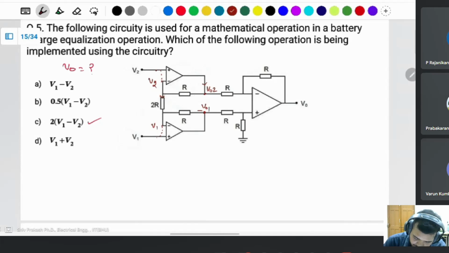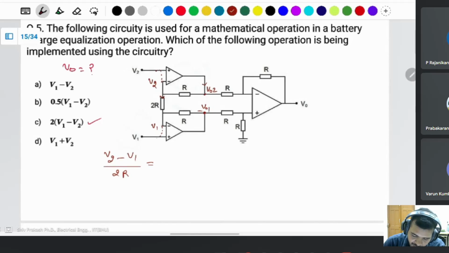Then (V2 minus V1) divided by 2R is equal to (V1 minus V0) divided by R, if you take the same current flowing through it. R will be cancelled out.